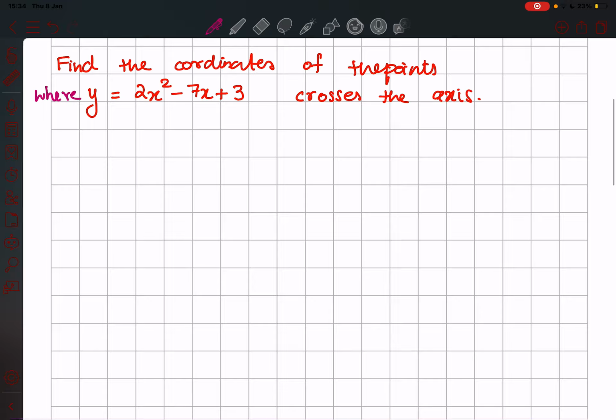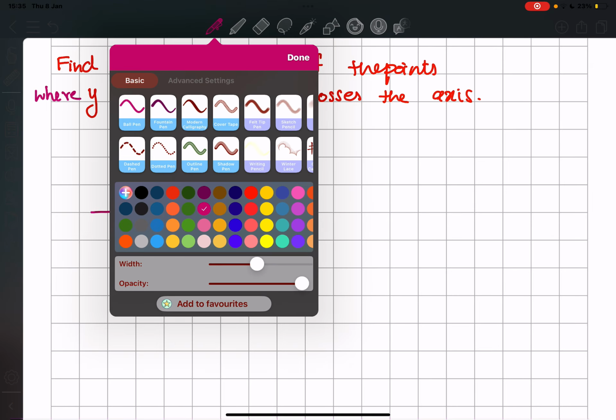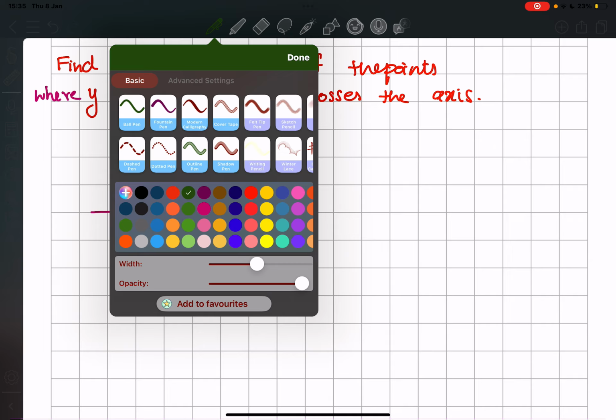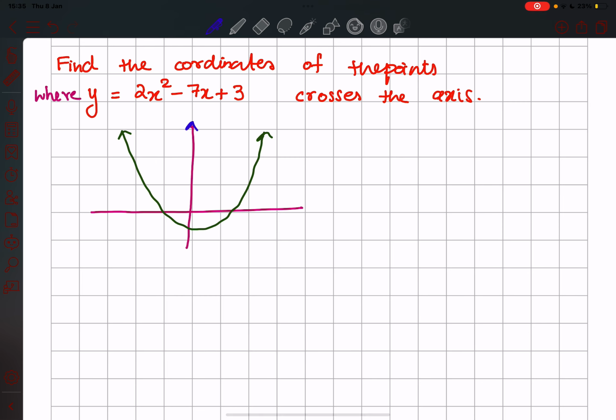So the idea is, this is a quadratic and we know it is a positive quadratic. So if you imagine a positive quadratic, now I'm just going to assume it looks something like this. There are 3 main points where it would cross the axes. So on the y-axis, it is crossing at this point, and we call this your y-intercept. How do you find the y-intercept?